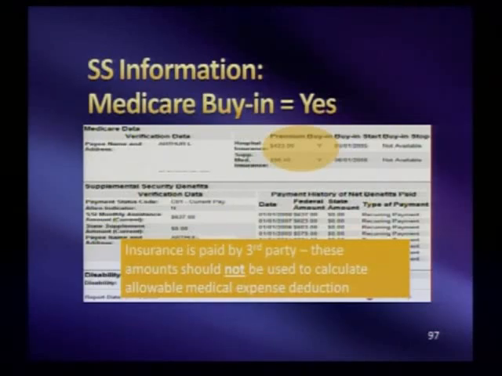you do not include that in the calculation of your allowable medical expense deduction. So do also note, sometimes the difference between the gross and the net benefit amount is greater than the medical insurance deduction that is being deducted, and HUD does not have privy to the additional deductions being made out of the check.